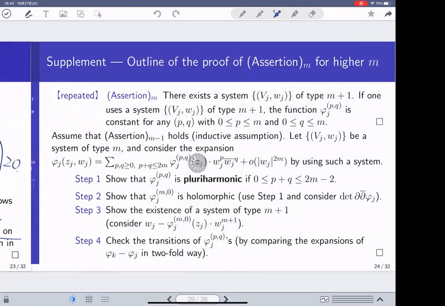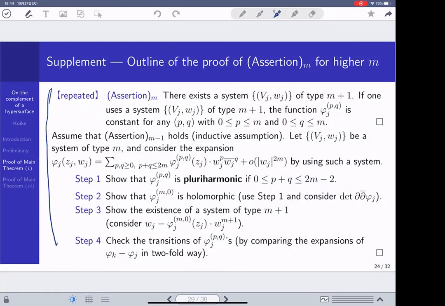I summarize how to prove it, and the very rough idea to show assertion m for larger m, but I will skip this page.